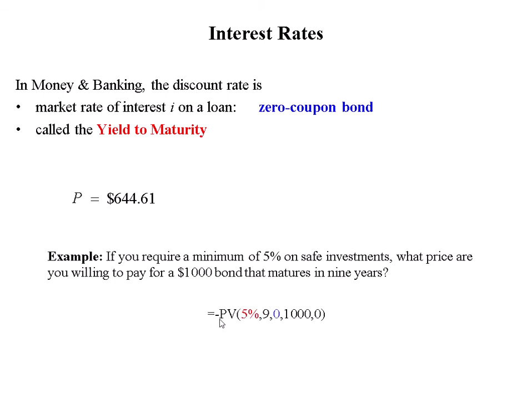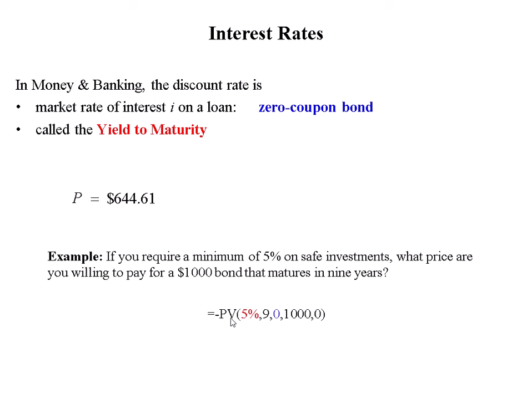You could use the present value equation in Excel like we did earlier, because the price, if you remember, is just the present value of those coupon payments at a given interest rate. So we make it negative because if we don't, Excel's going to give us a negative number. So we use a negative there to reverse the negative symbol.